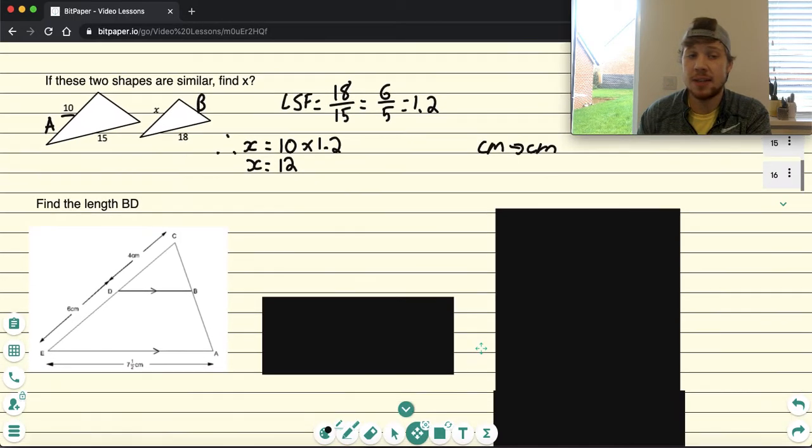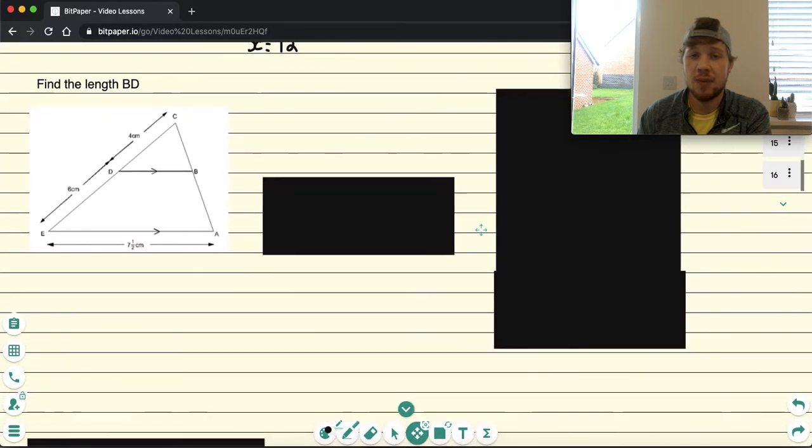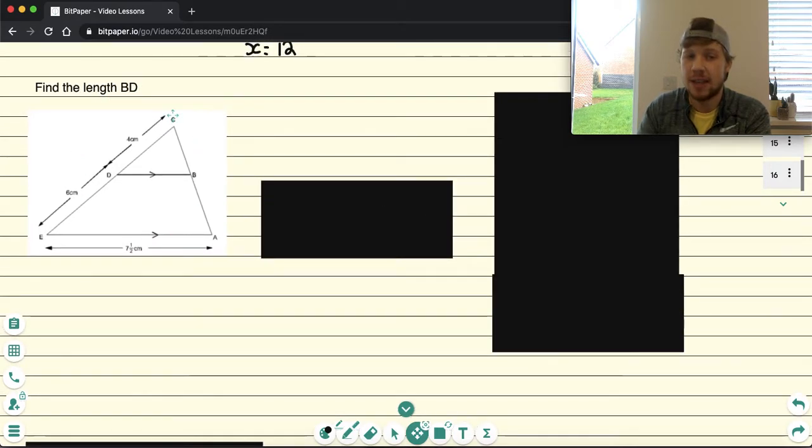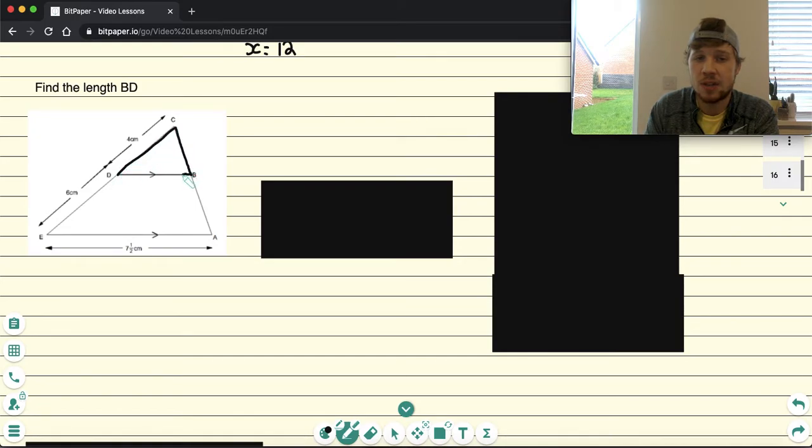They do make it a little bit harder, however, if we look at, say, this shape here, it's not entirely obvious where my two triangles are. I've got some shape, and it's got a line through the middle, and they're parallel lines. We're told in the question that these are similar, so therefore we know that there must be two triangles, and if we think about it, there is this triangle at the top, which we're given some information about, and there's this overarching triangle over everything.